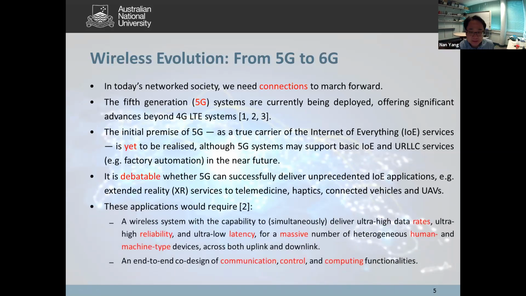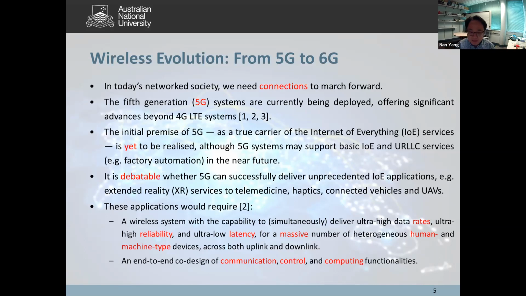Because if we want to successfully deliver these applications, we would need a wireless system with some very advanced capabilities. For example, we may need the wireless system to deliver ultra-high data rate, ultra-high reliability, ultra-low latency, and support a massive number of different types of devices, including human-type devices and machine-type devices, and support high-quality uplink and downlink transmission.